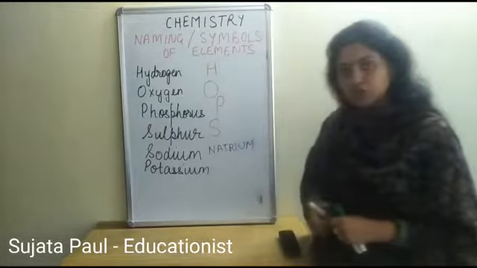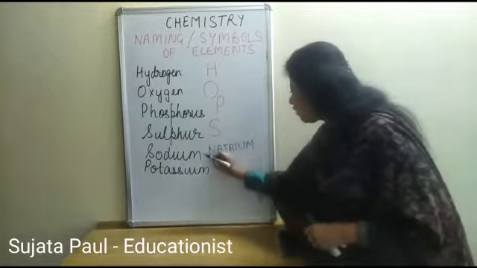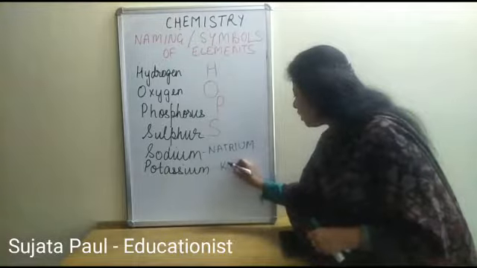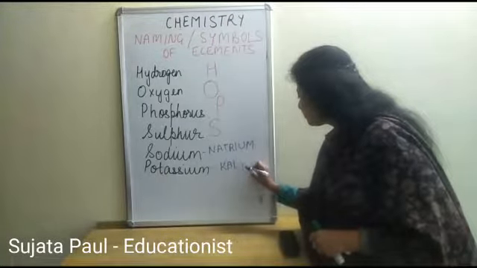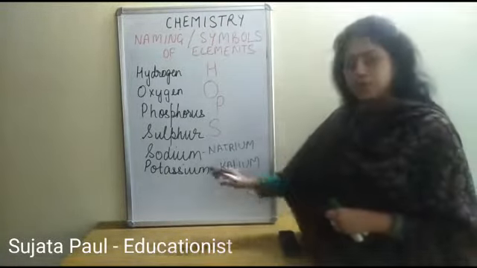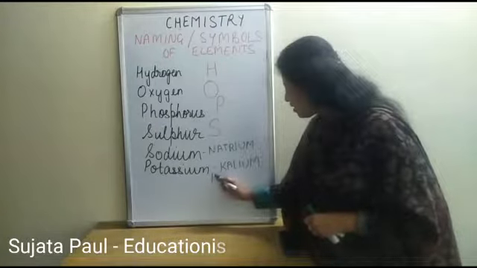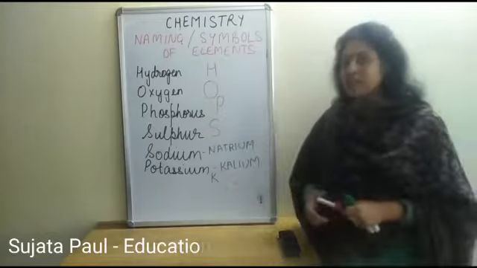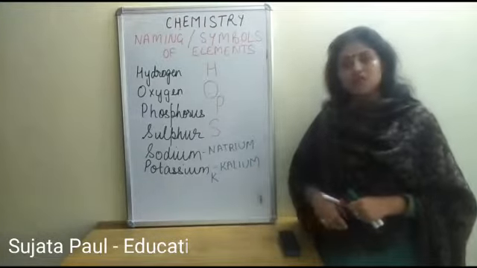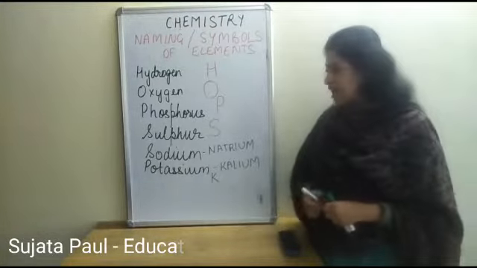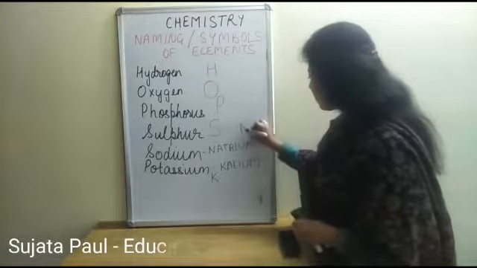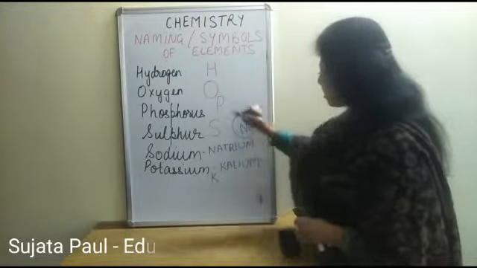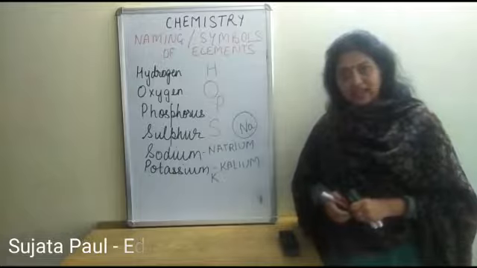Look at potassium. Potassium is derived from the Latin word kalium. Potassium is K, but sodium is not N. Sodium is written as Na.